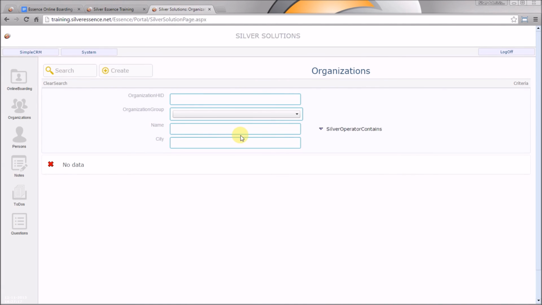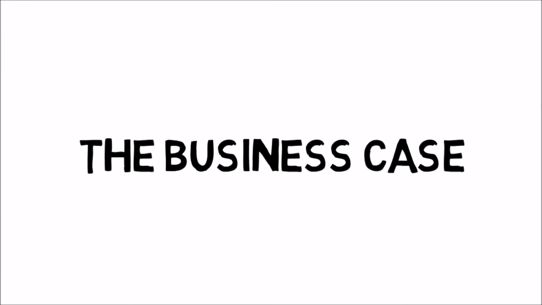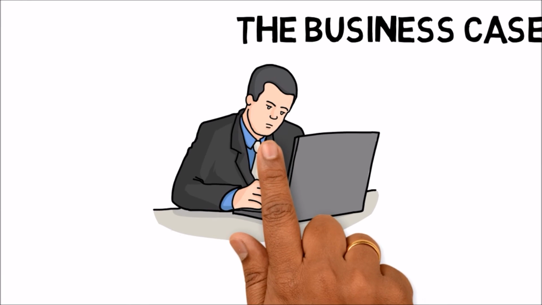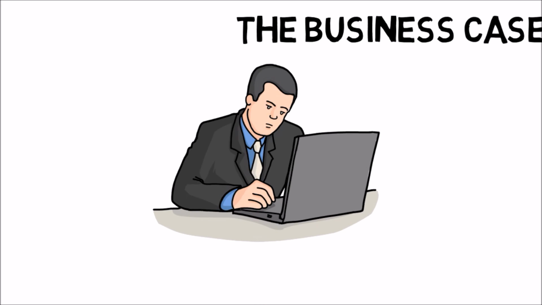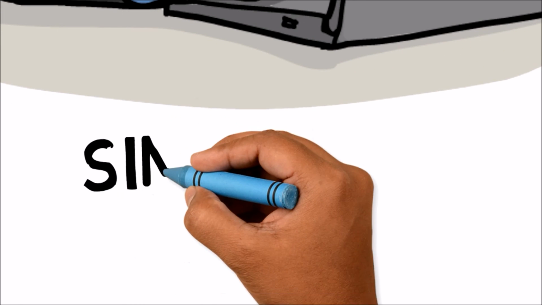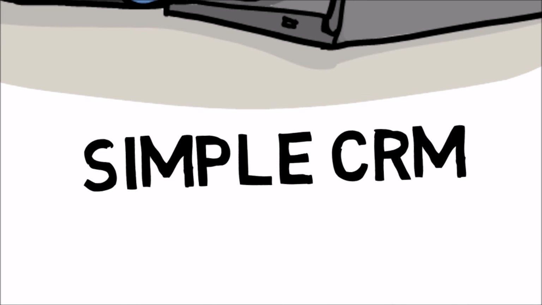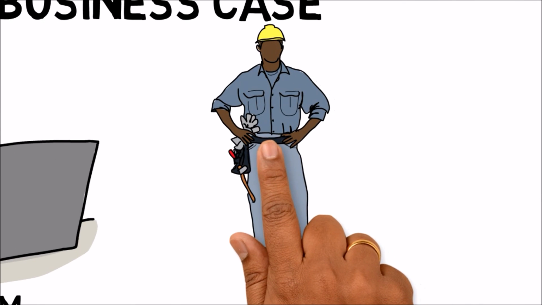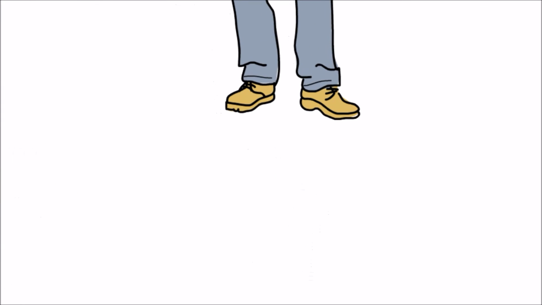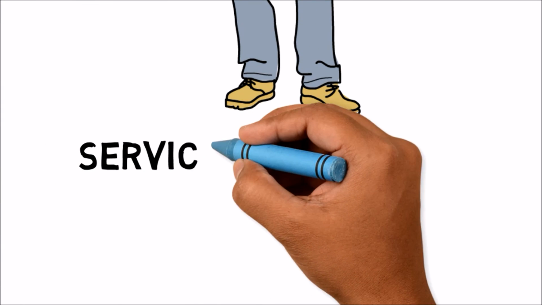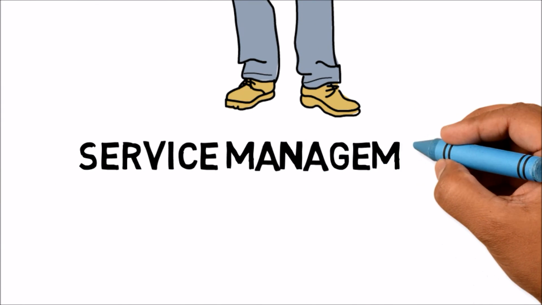When you log in into the portal, you will see a screen of organization. Now, let me explain you a little bit about the business case. We have prepared a template for you, and that template is a simple CRM solution. On top of that simple CRM solution, we are going to add service management.